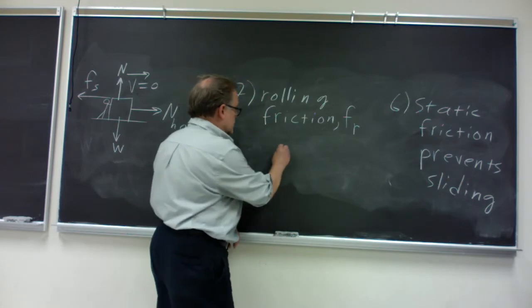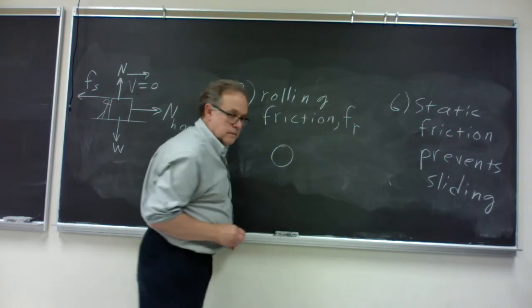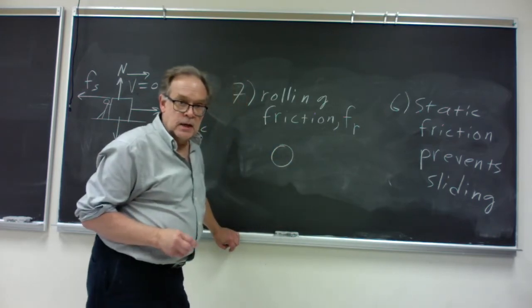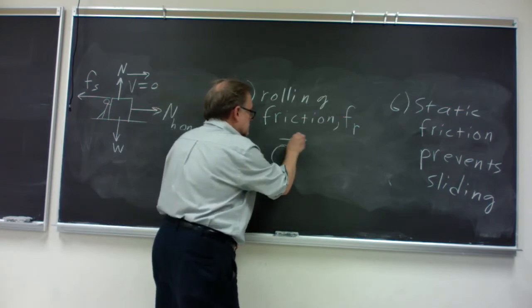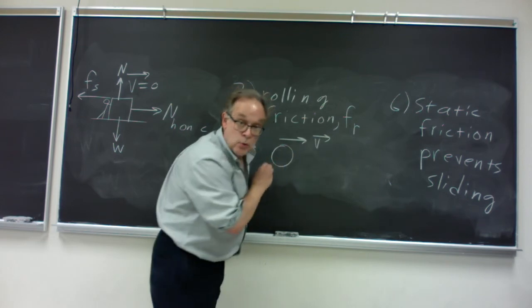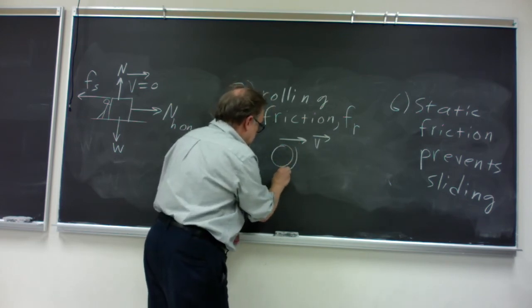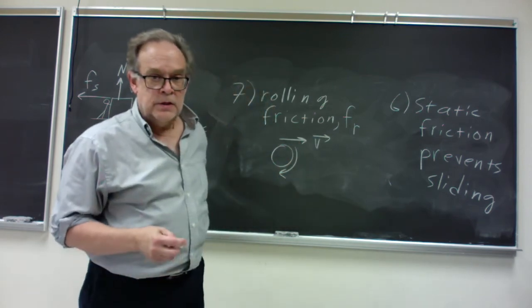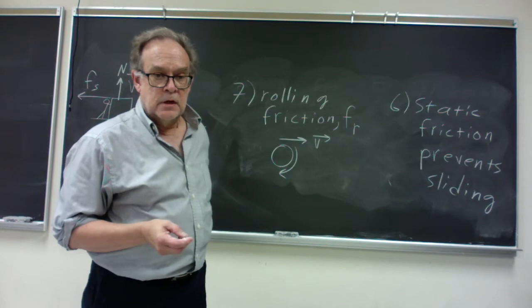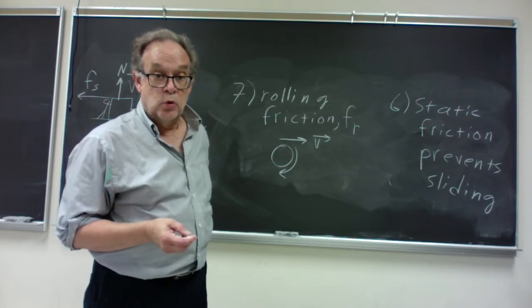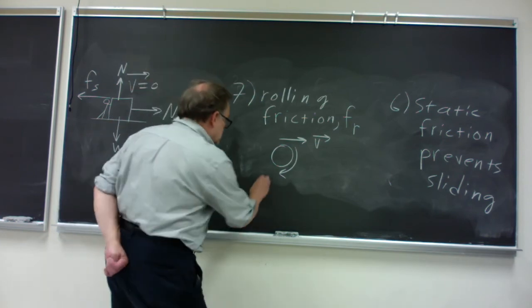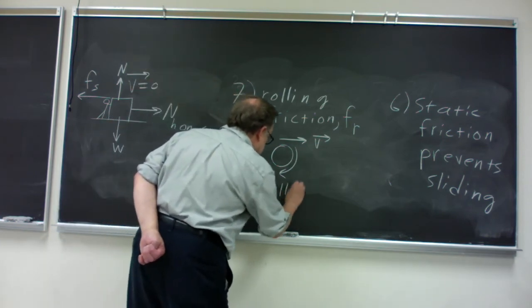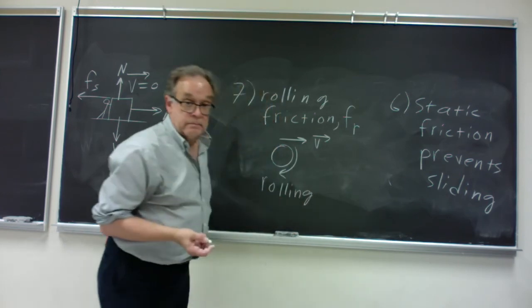So here's a tire, and if the car moves forward, velocity of the car is that way. The wheels of the car will rotate like that, clockwise. That's when there's rolling.